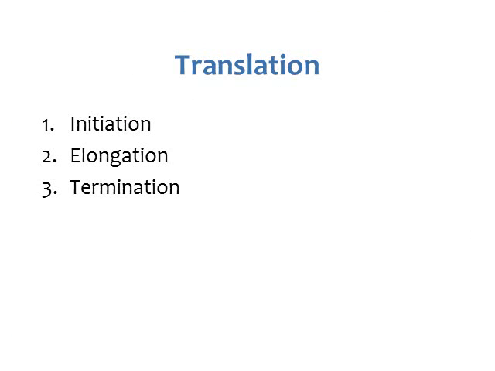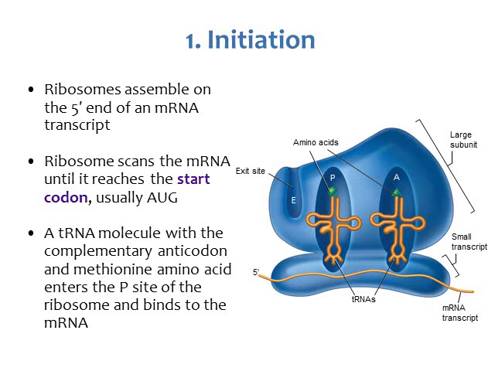So this translation process we're going to go through, there's 3 steps to it. So you have initiation, you have elongation, and then you have the termination step. So first off, initiation. The ribosome assembles, so the large subunit and the small subunit of the ribosome are usually separate from each other. So the two parts of the ribosome are going to come together on the 5' end of an mRNA molecule, the transcript that we just made through transcription.